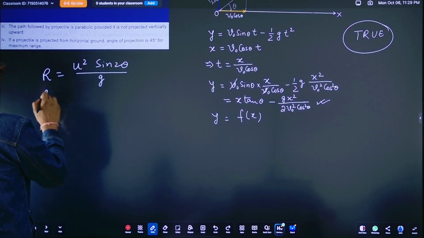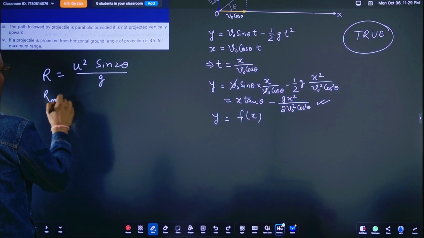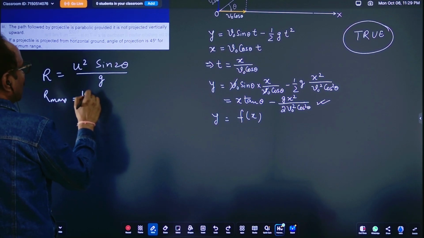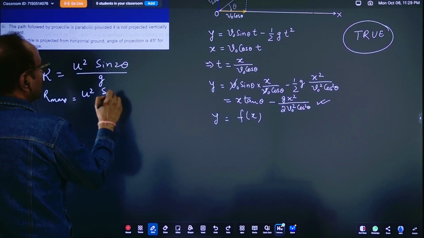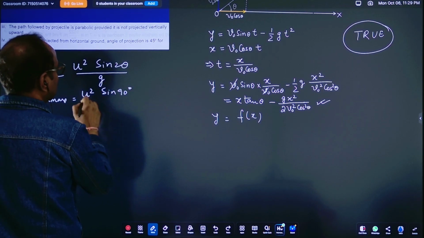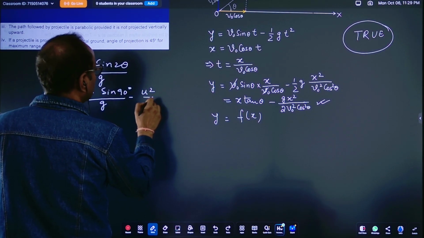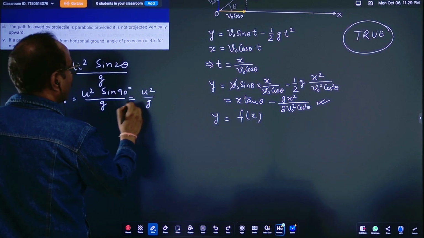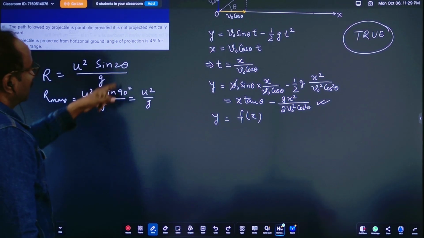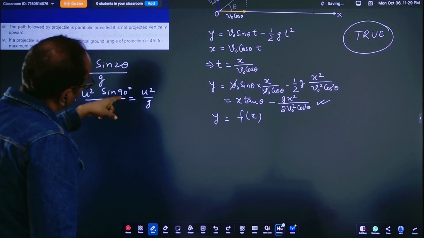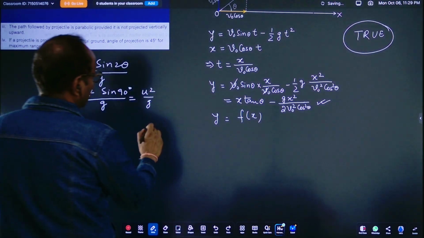So R max will be u square sine 90 degree by g, that is u square by g. But we have replaced 2 theta with 90 degree.